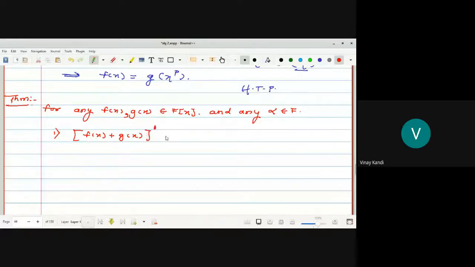Second one, alpha into f of x bracket dash is equal to, okay, derivative of this polynomial is equal to alpha into f dash of x. Okay, easy to answer.